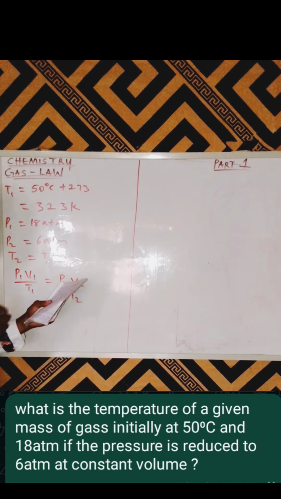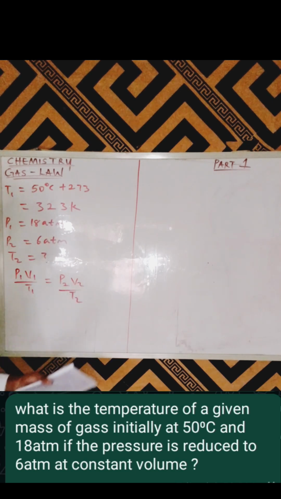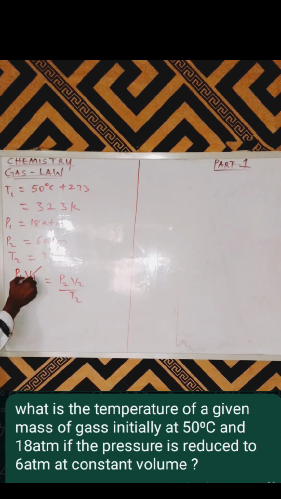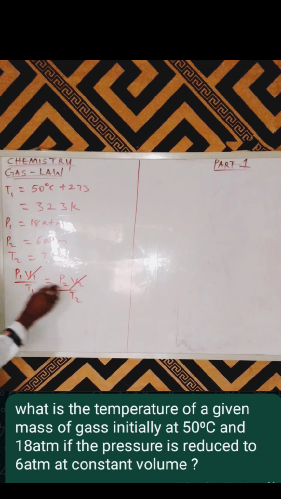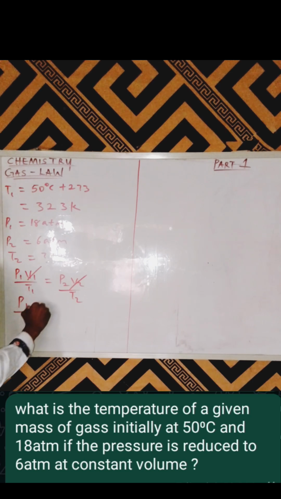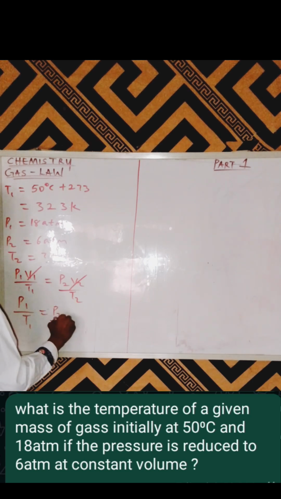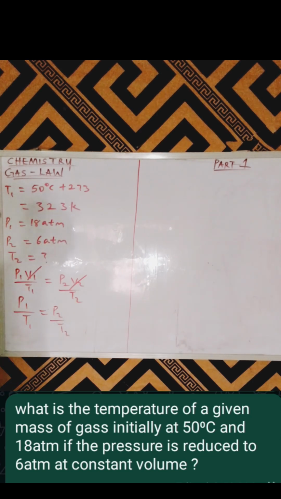Now in the question, they told us that the volume is constant. It means that V1 is equal to V2, so since they are the same, they will cancel out. So now I'm left with P1 over T1 is equal to P2 over T2. I hope this is clear. Now let's move on.